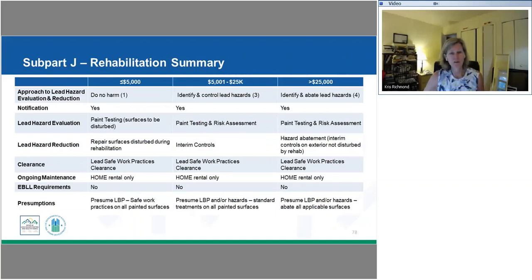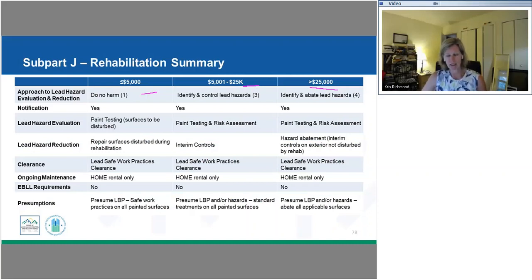Okay, so now hopefully you understand, when we're talking about the different categories, this is what we mean. We're verifying the level of assistance has different approaches, and we talked quite a bit last week about the different approaches. You'll see that equal to or less than 5,000 is approach number 1, do no harm. It becomes more restrictive all the way to abate, which is approach number 4.